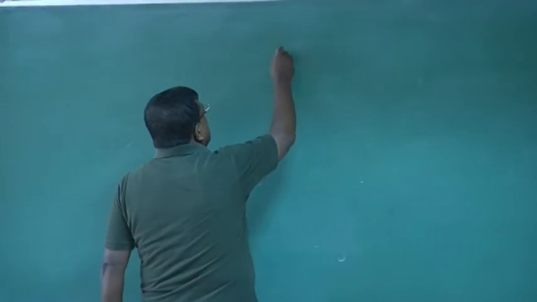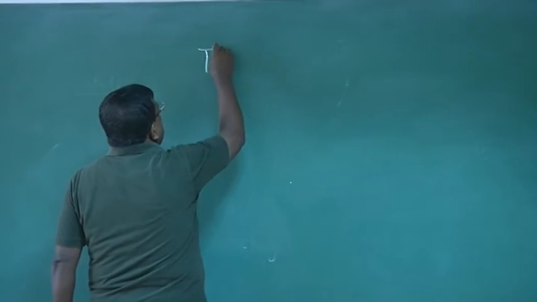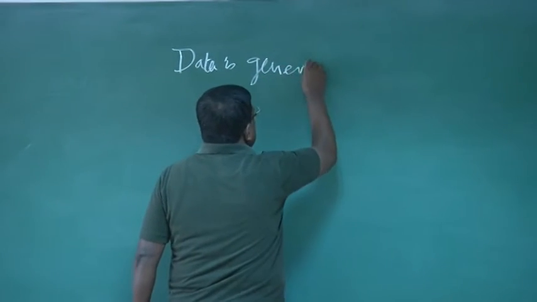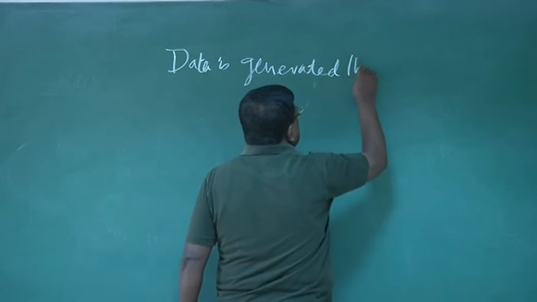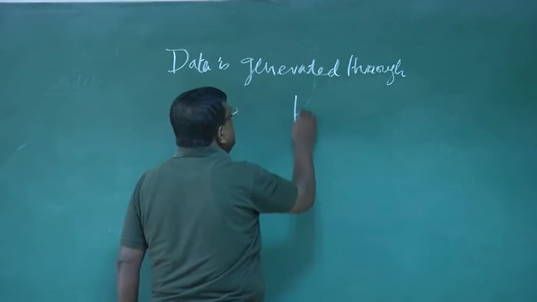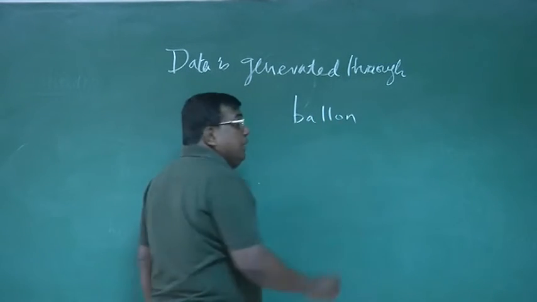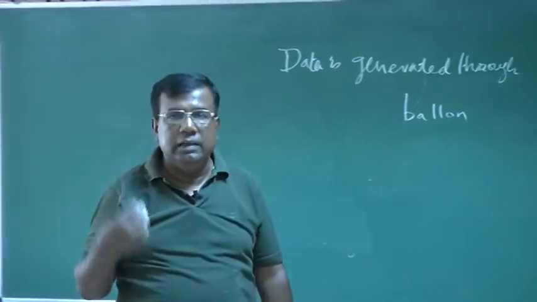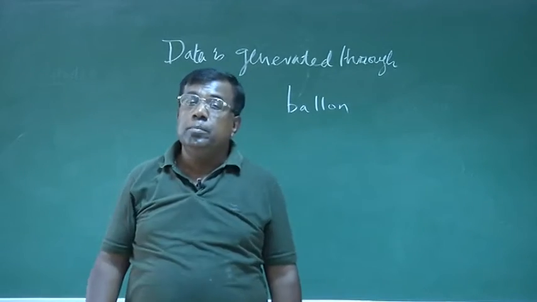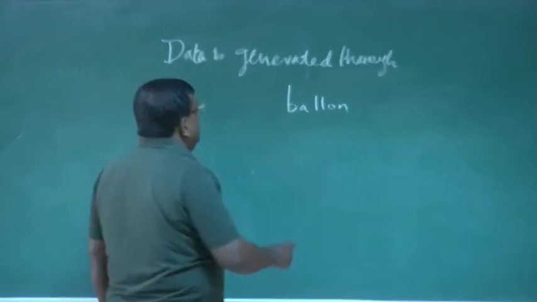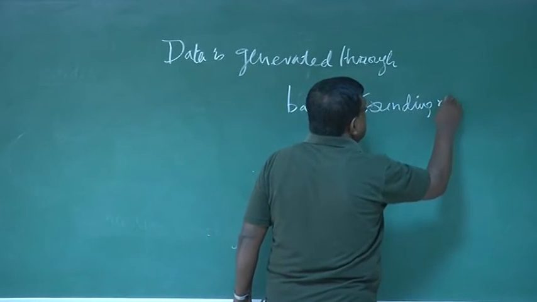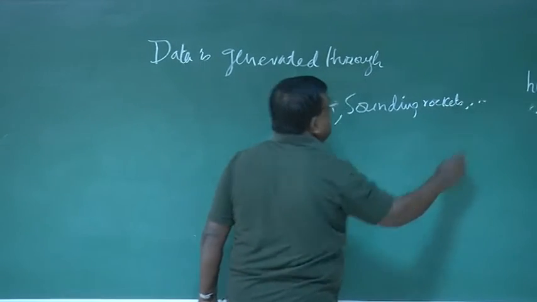What is done is that this data is generated through balloons. You know, there are weather balloons, they are launched, and they go on sensing thermodynamic variables, primarily temperature, then sounding rockets, etc. Right?